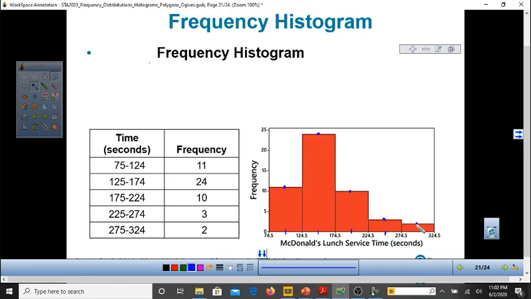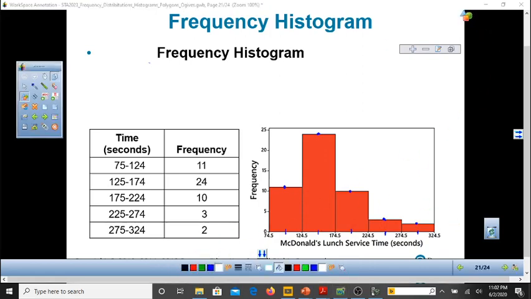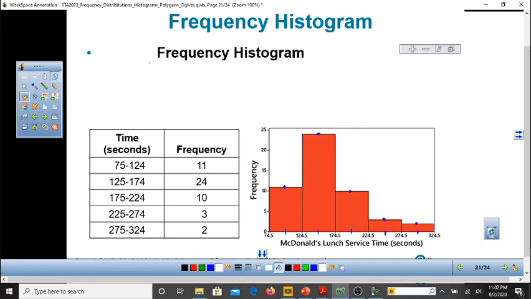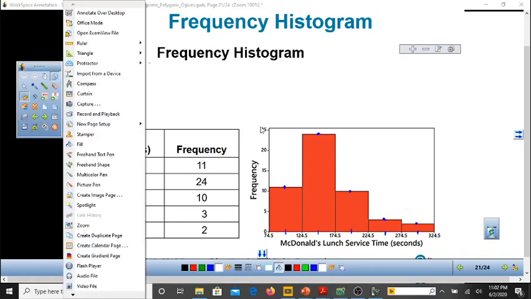Now, the one important thing you need to also remember, you need to imagine that there's a class that goes beyond the last class and a class that comes before the first class. Based on how this chart is represented now, it's not easy to see. So what I'm going to have to do is a little adjustment here, just for the sake of what we're doing.